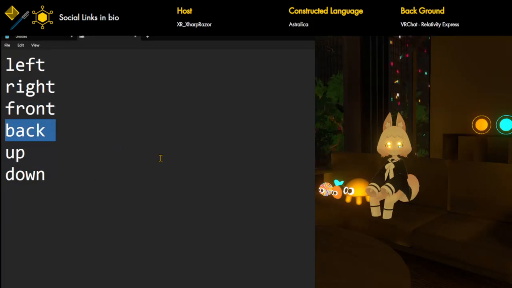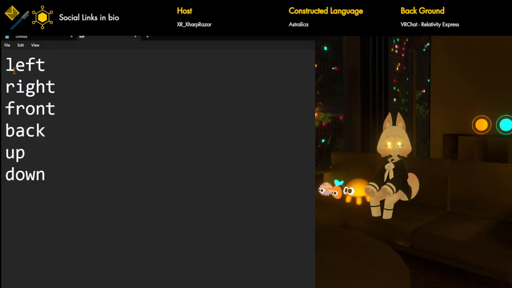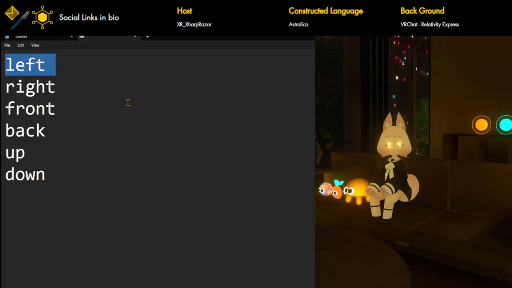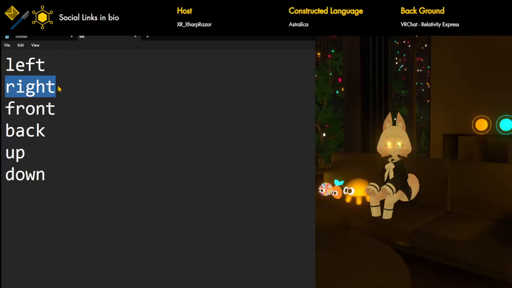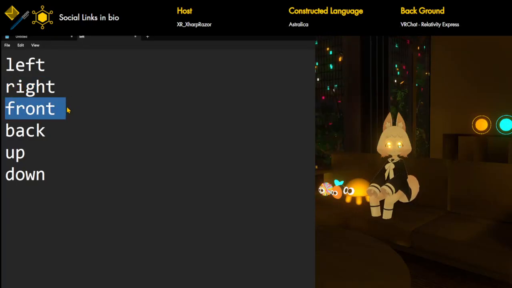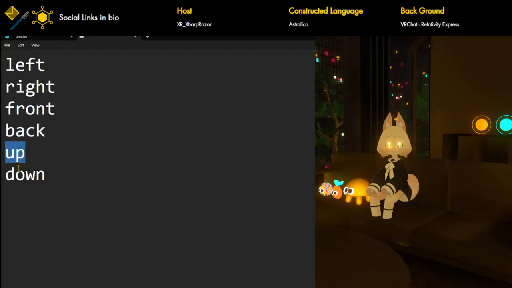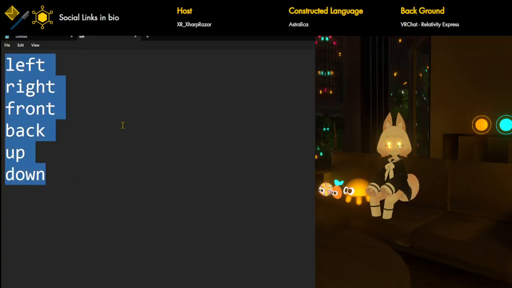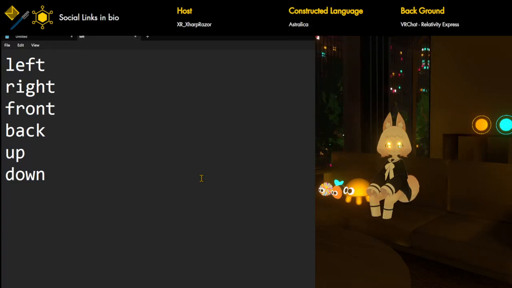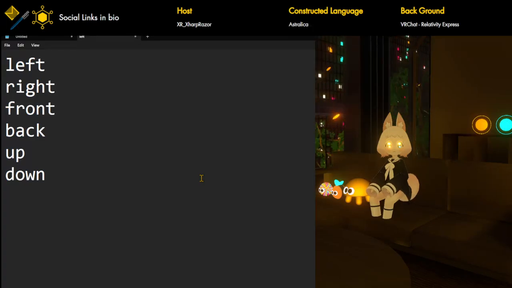We just get used to it straight away. But why is left spelled this way? Why does it start with L? Why is right spelled this way? Why does it start with R? Same with front, back, up or down. Even the pronunciations don't follow a certain pattern, although all of them represent a direction.